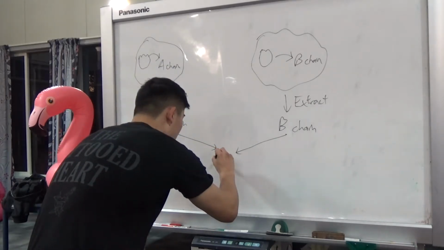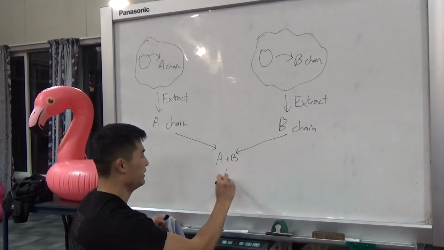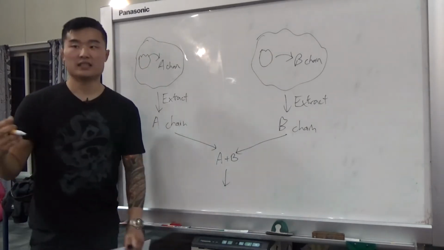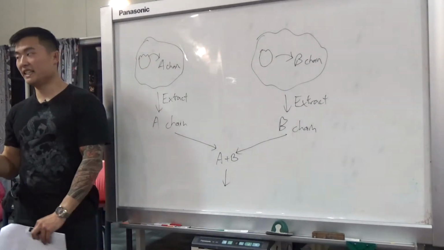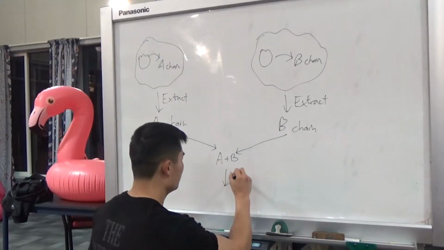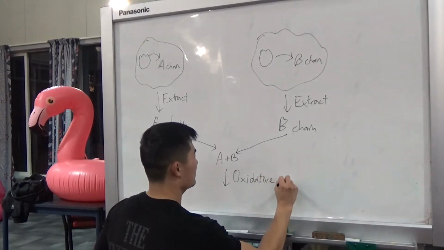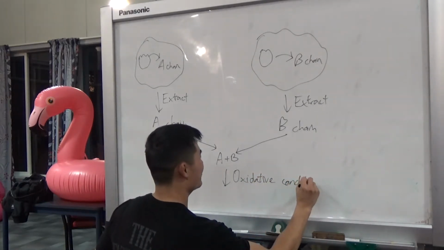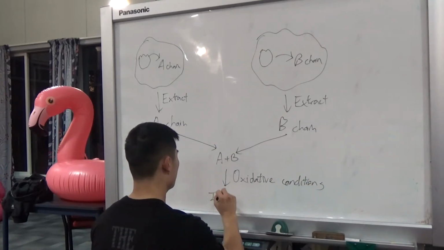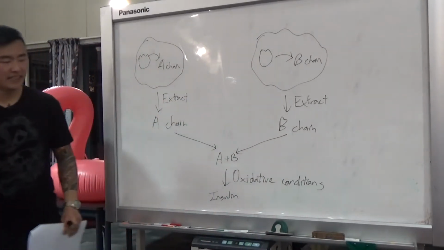And then you need to let them, so what sort of bonds are going to form between the A chains and the B chains? Yep, so disulfide bonds.